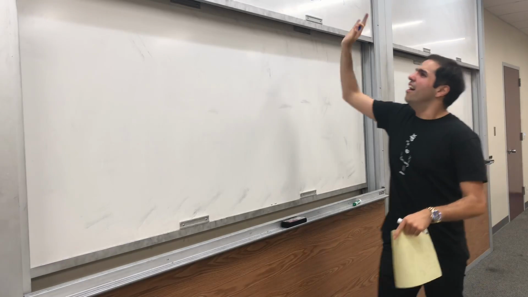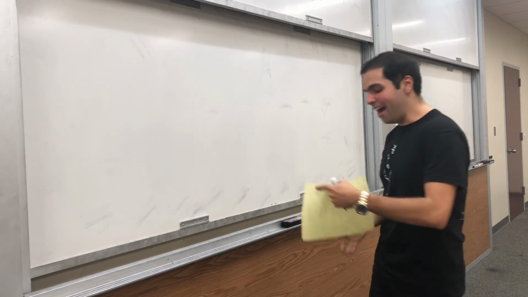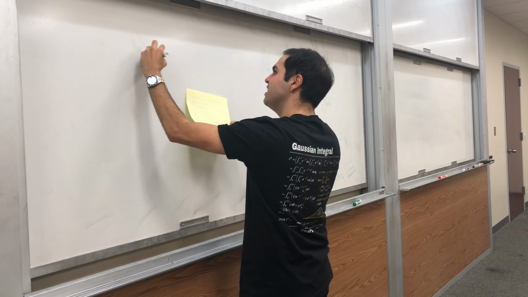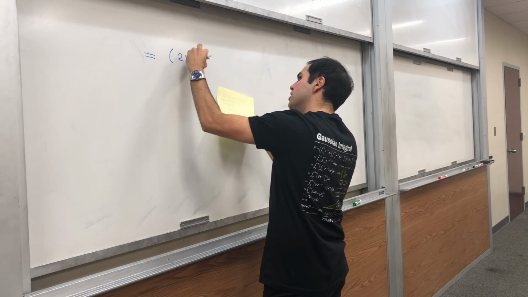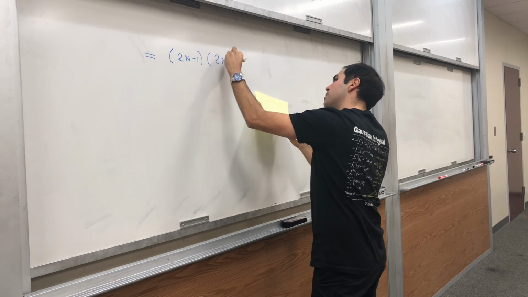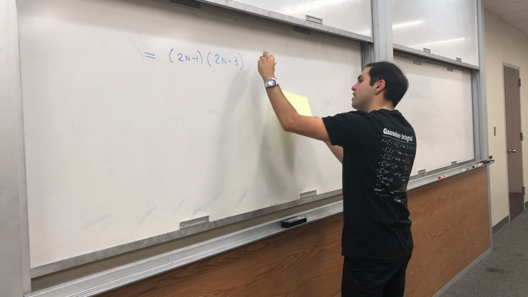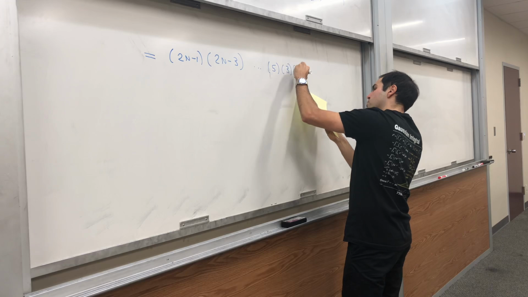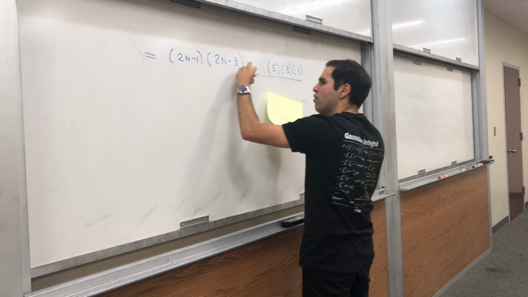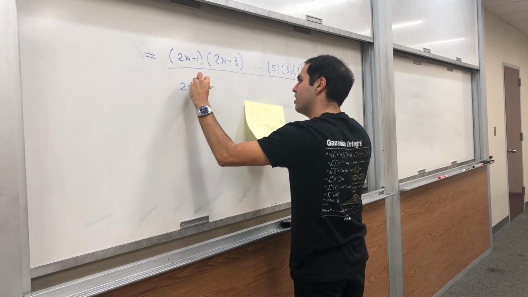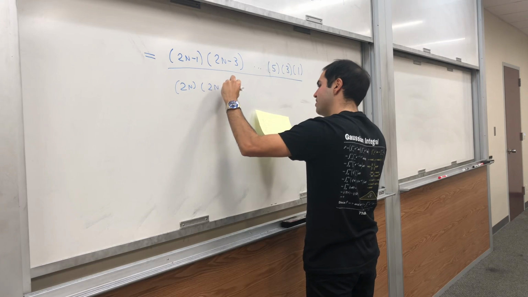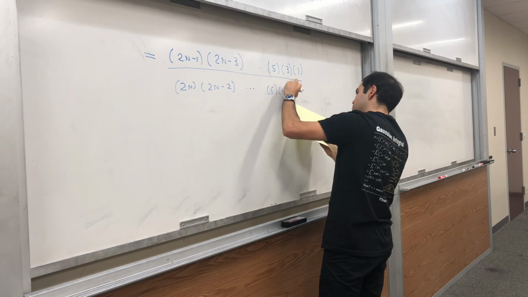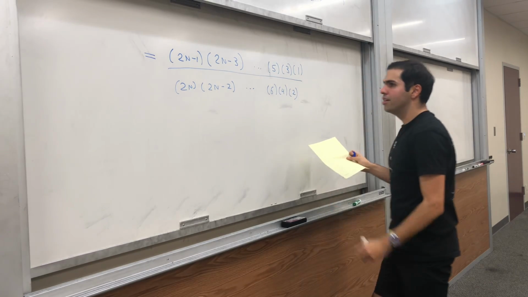Okay. So, welcome back. What we have then is that indeed this product equals 2n minus 1 times 2n minus 3 dot dot dot times 5 times 3 times 1 over 2n times 2n minus 2 dot dot dot times 6 times 4 times 2.